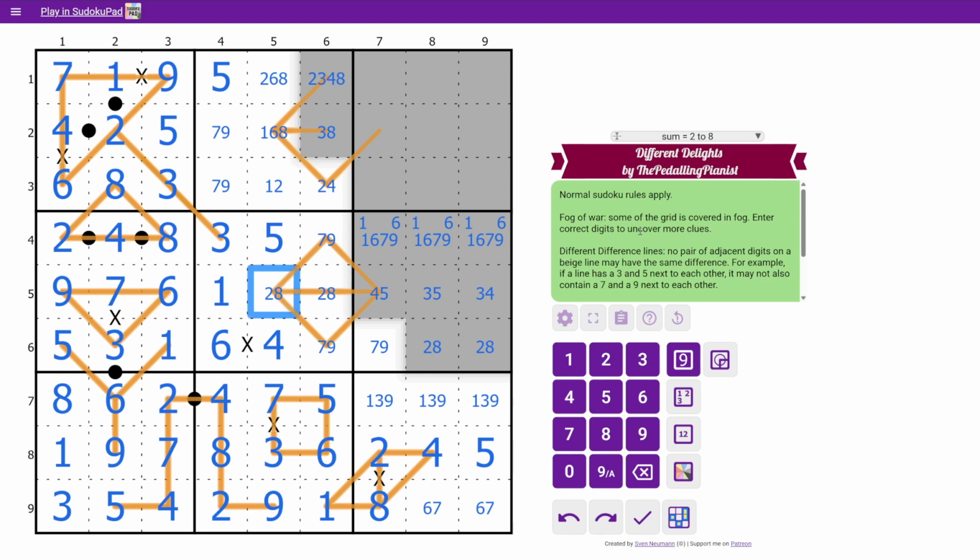These will have a 6 difference. Oh, this cannot be an 8 because it would have a 1 difference with both 7 and 9. This is 2, this is 8.